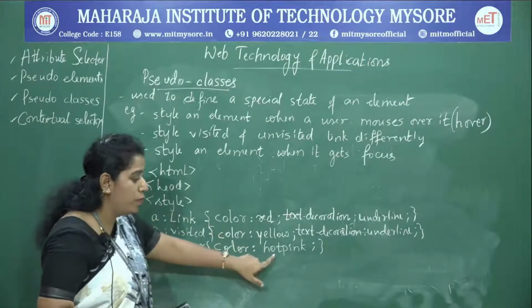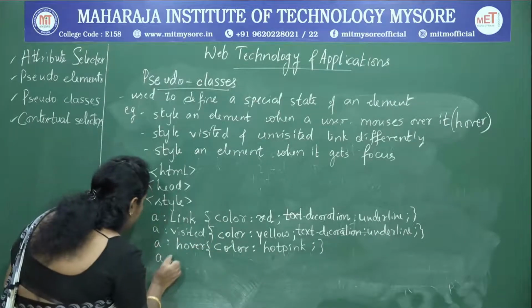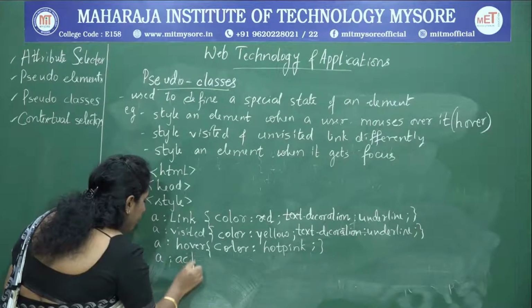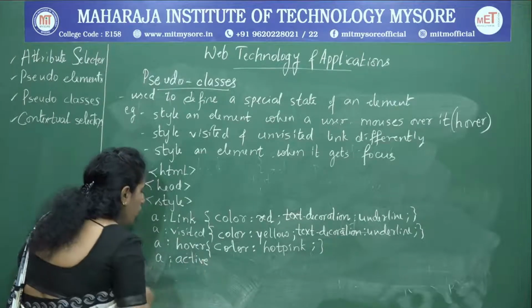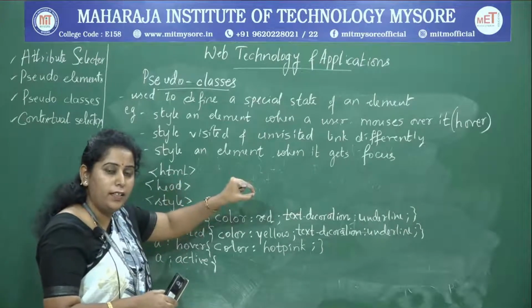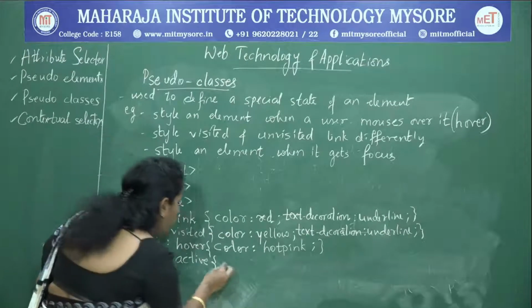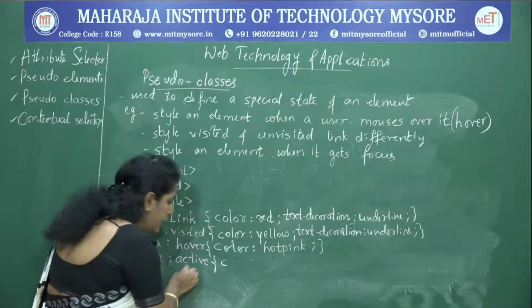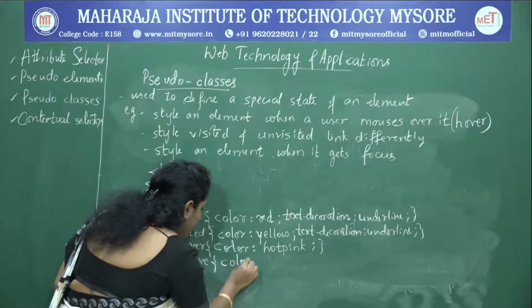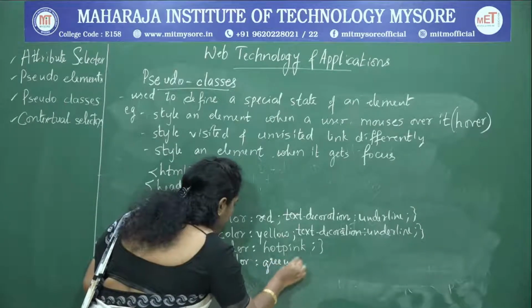By that time it has to be changed to hot pink color. Next, active. So active means when you click on that link, you can change the color of the link. How? By using active. Color, I am giving green.